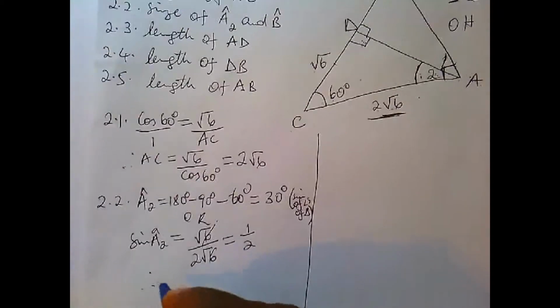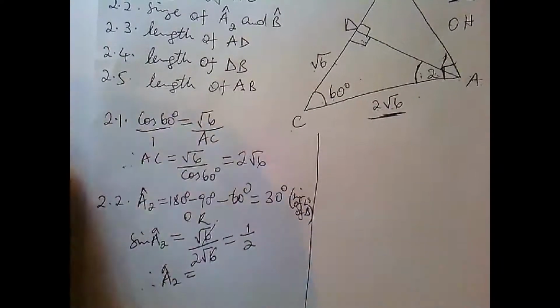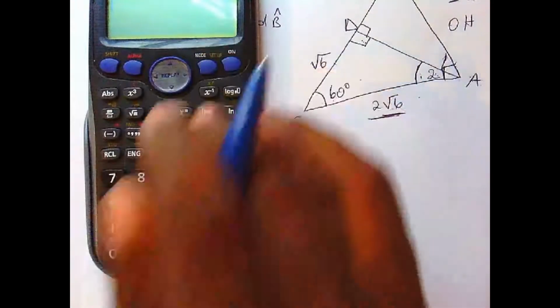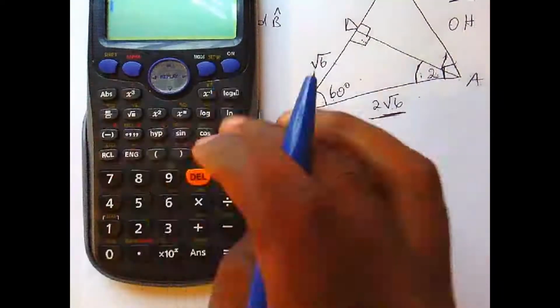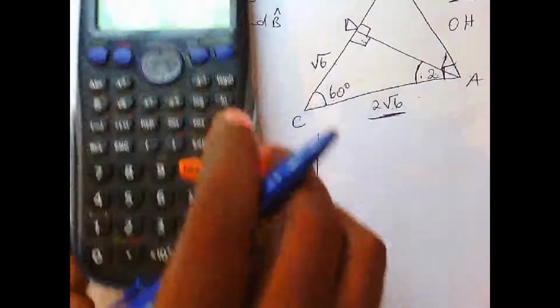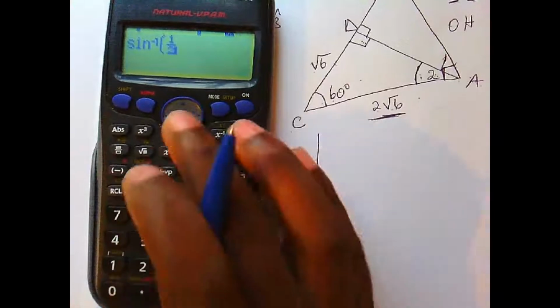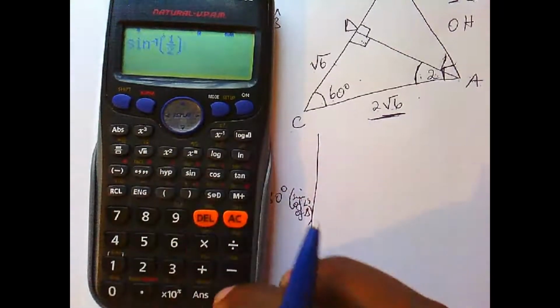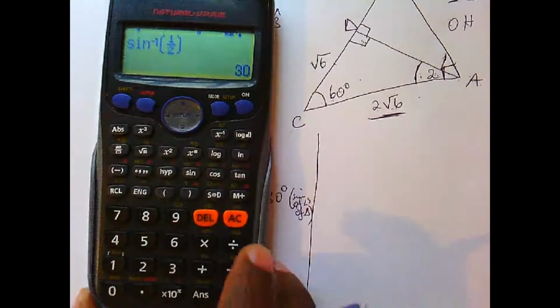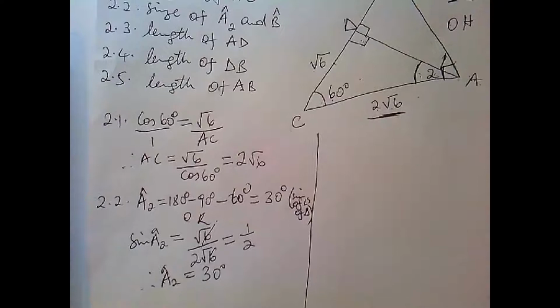Therefore, angle A2 equals shift sine of 1 divided by 2 or 0,5, and the answer you get is 30 degrees. So you can still use trigonometry to get that 30 degrees.